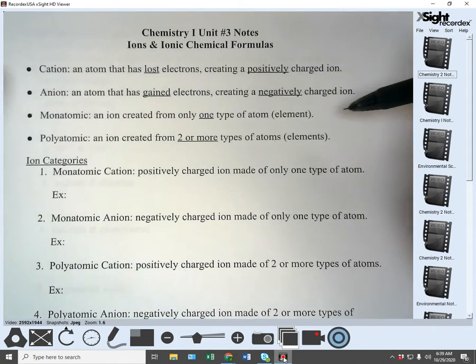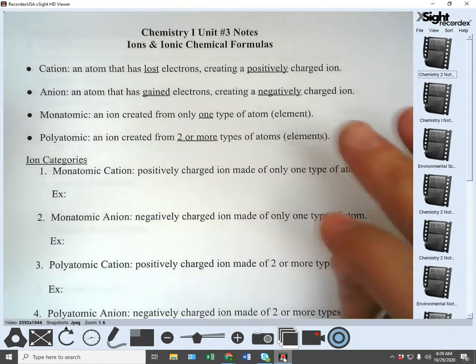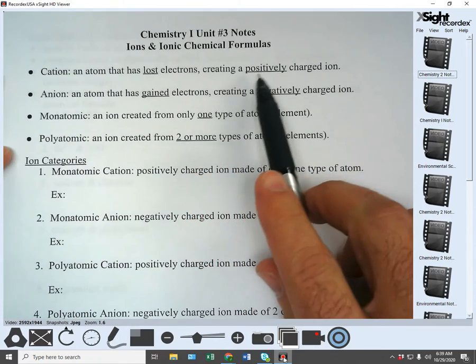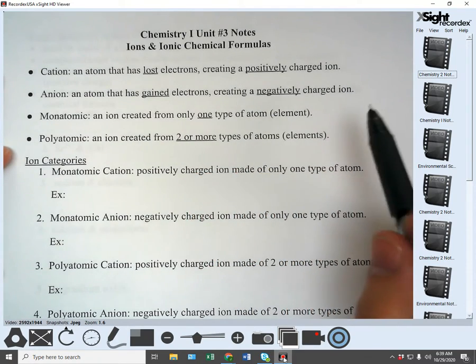for monatomic ions. So, kind of setting our base again, if you recall, an ion is an atom that has gained or lost electrons, which in turn gives it a charge. If it loses electrons, it's going to be positively charged.